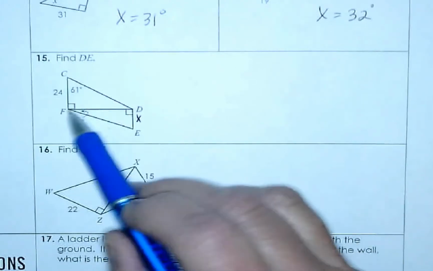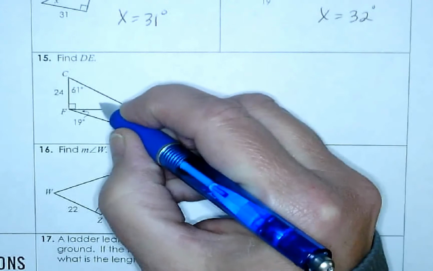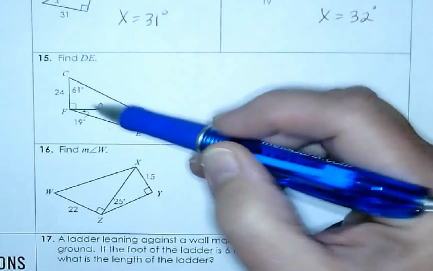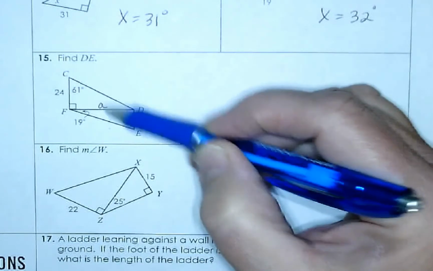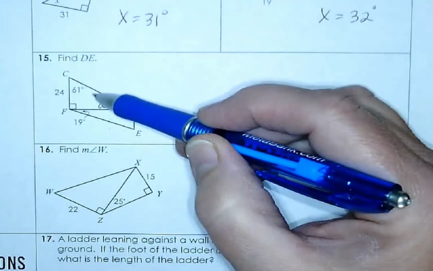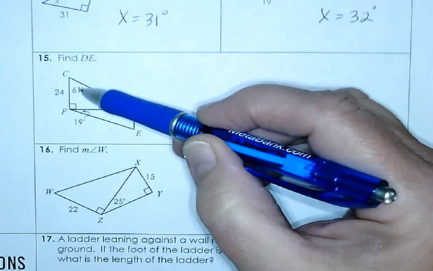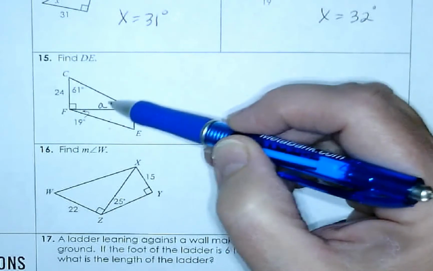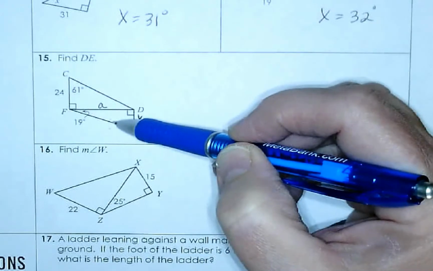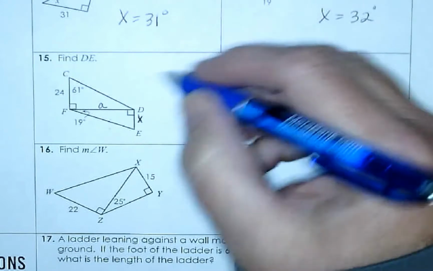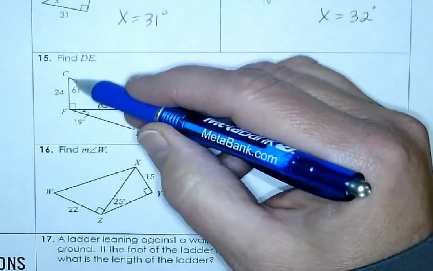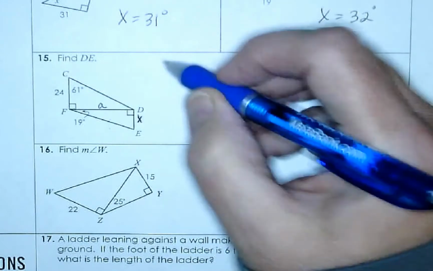So I'm going to go up here to this top triangle. This one right here, I'm just going to label A, is common to both of these. So if I can find it using up here, then you'll notice that I have an angle and a side. Then I can use that answer to help me find down here. So let's look at the top one. To find A, I have the opposite and the adjacent.